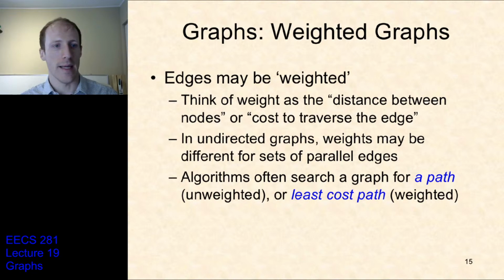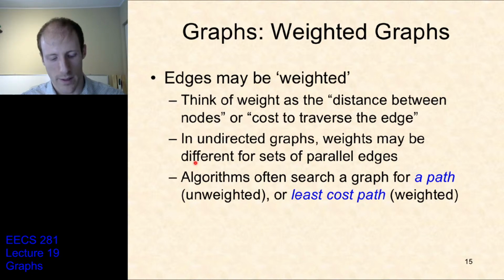We can think of weight as the distance between two nodes in the graph, or the cost to traverse the edge, or to go back to our example about web pages, it might be how many users click the link to go from web page A to web page B. So it can be a pretty general notion of distance or cost, and it's going to depend on your application.